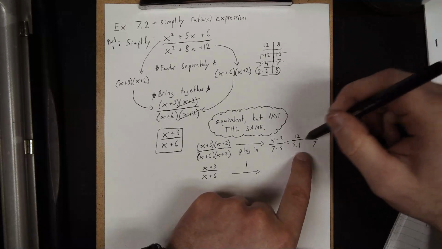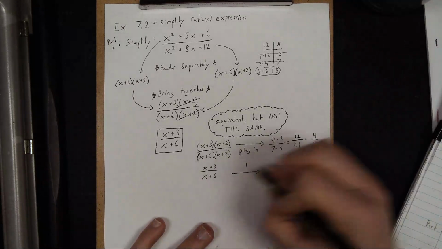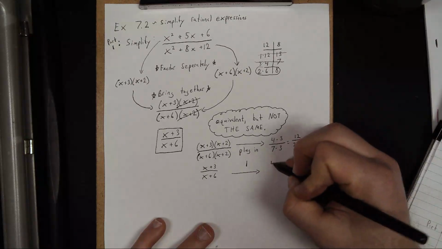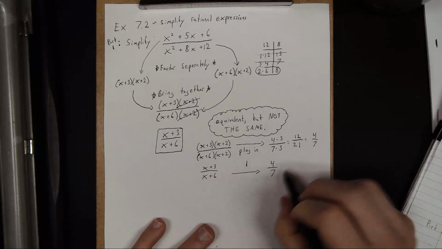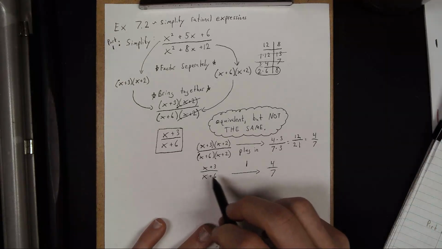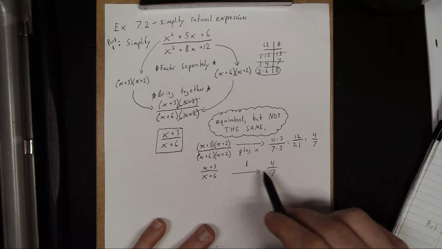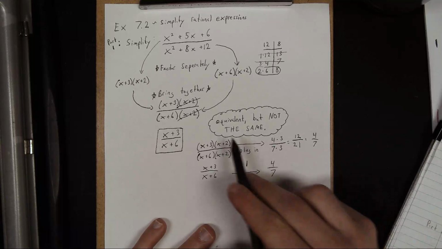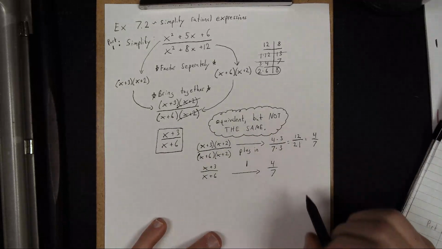Okay, so these are equivalent. Now when we plug 1 in here, we get 4 over 7. So they're equal, but this fraction never equals 12 over 21. It skips right to 4 over 7. So these things are equivalent. They have the same value, but they're not exactly the same.